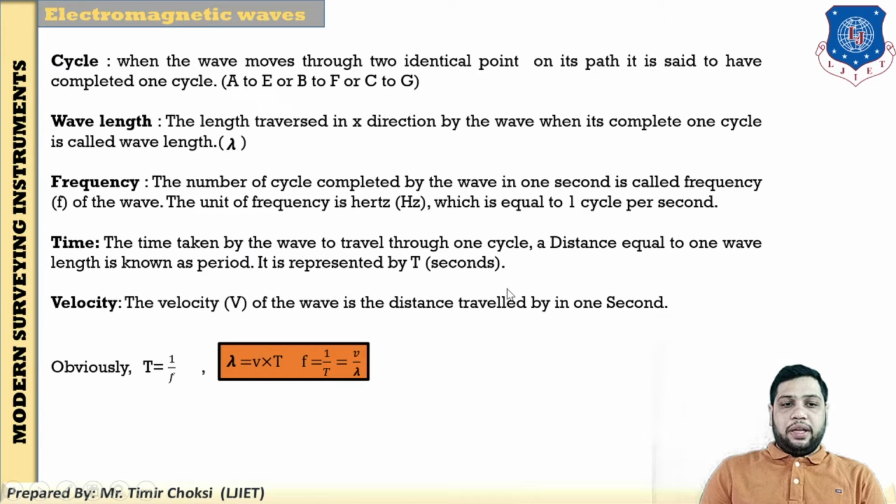So these are the major five properties or characteristics of electromagnetic waves. First is the cycle. When the wave moves through two identical points on its path, it is said to have completed one cycle.